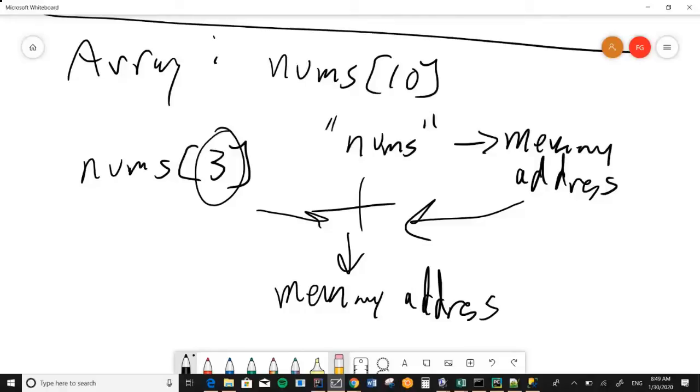Question. So the way it sounds, nums 3 itself is a memory address. Yep. But when you try to create a thing at index 3, you also give it another int value, because the memory address was also a value. It adds them and then it gives you a thing on that additional. Right. So nums is an address, and then 3 is an offset. Mm-hmm. So you add them to get a final address.